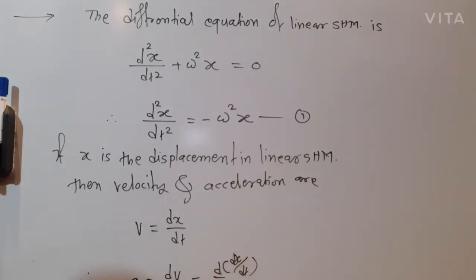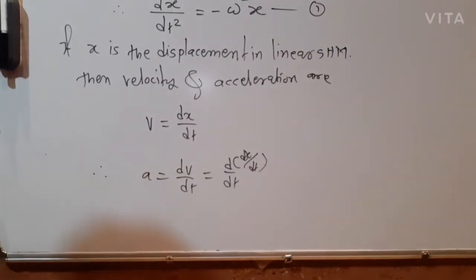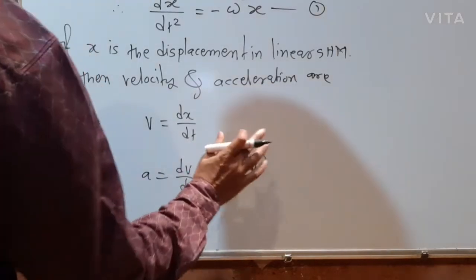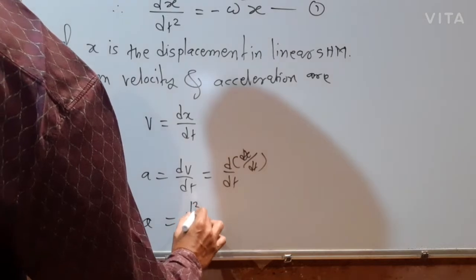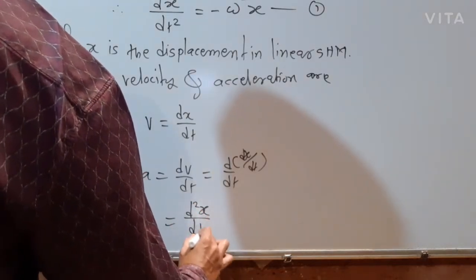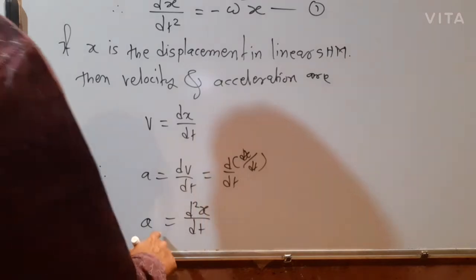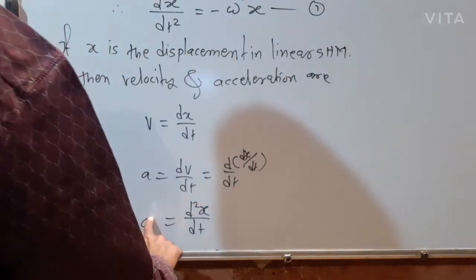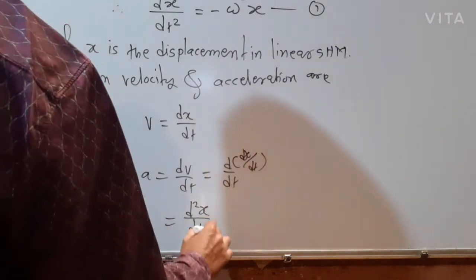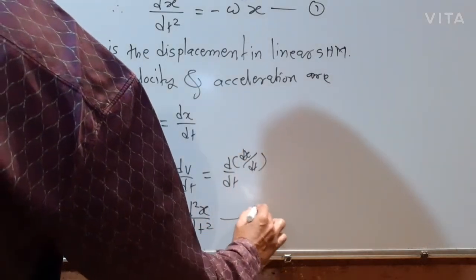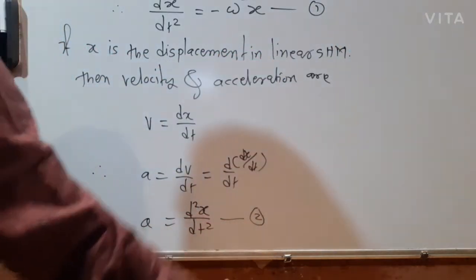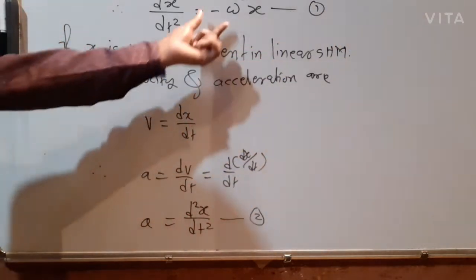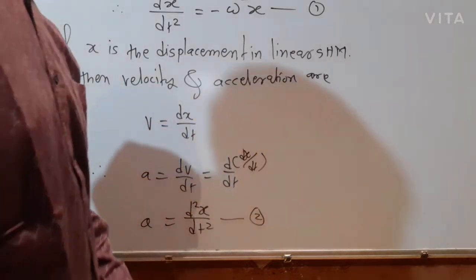Write down d/dt of dx divided by dt. d/dt of dx divided by dt means there is a double derivative of x with respect to time. So acceleration becomes d2x divided by dt square. Denote it as equation number 2. And therefore from equation 1 and 2 we get acceleration a is equal to minus omega square x.